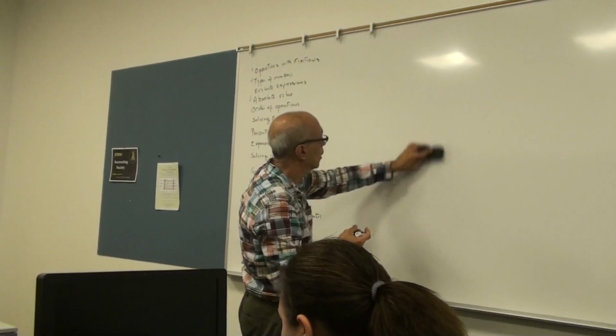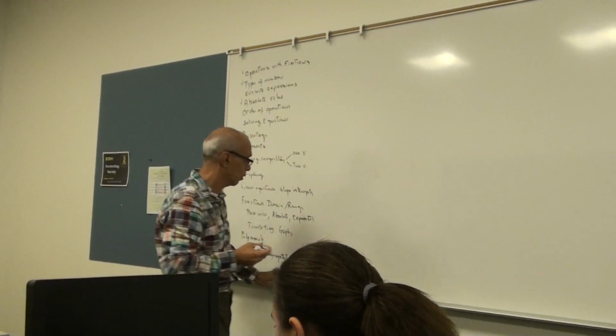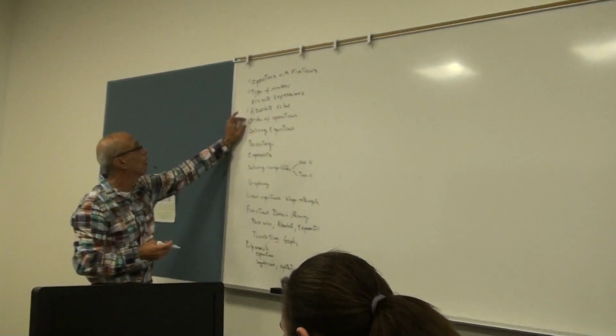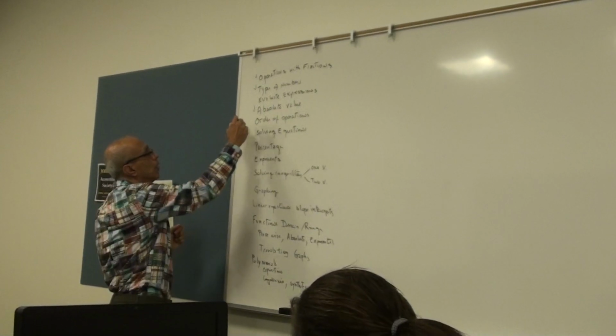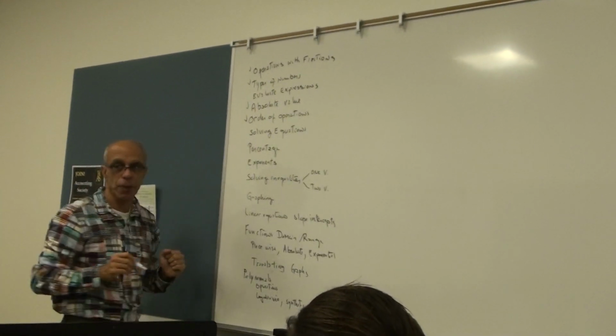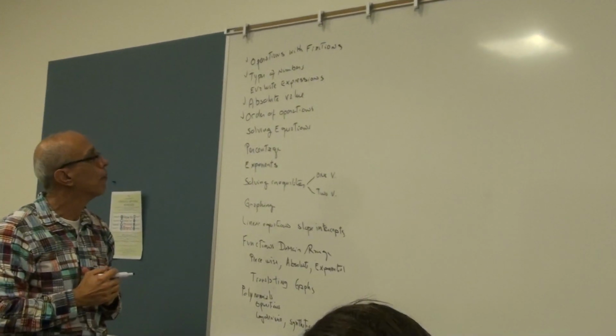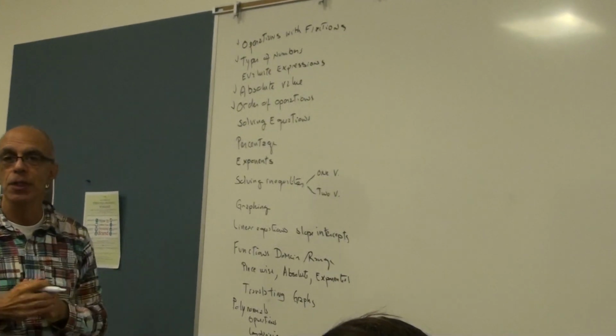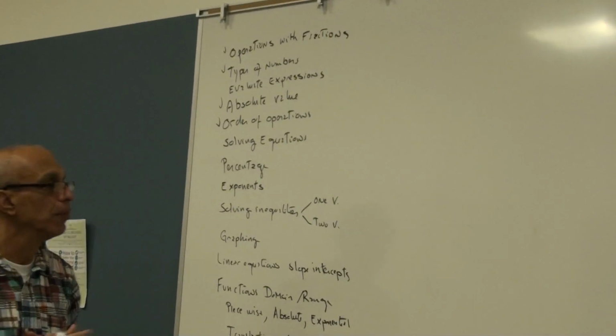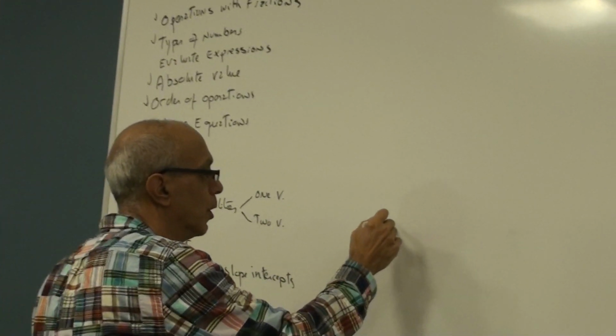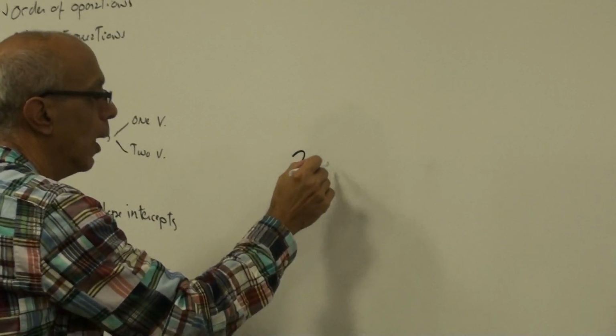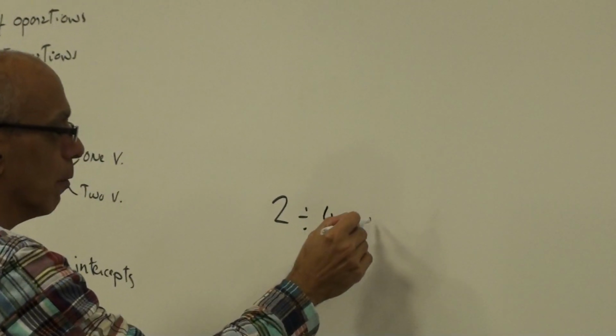Then another one, very important, and the students always get a little confused, is order of operations. On the last quiz, many students made the mistake about division and multiplication, right?